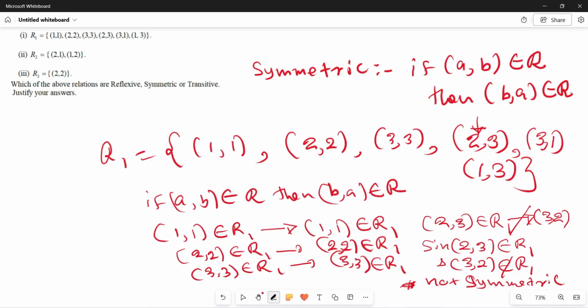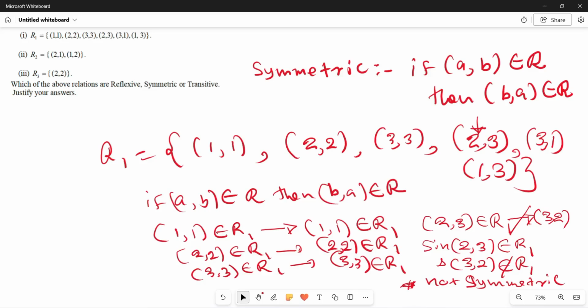If one is missing, you can't say that it is symmetric. So (3, 1) is satisfied, because (1, 3) is also there, but the only problem is (2, 3) belongs to R1 but (3, 2) does not belong to R1. This is not symmetric. Okay, so we have proved the reflexive thing and the symmetric thing for R1.